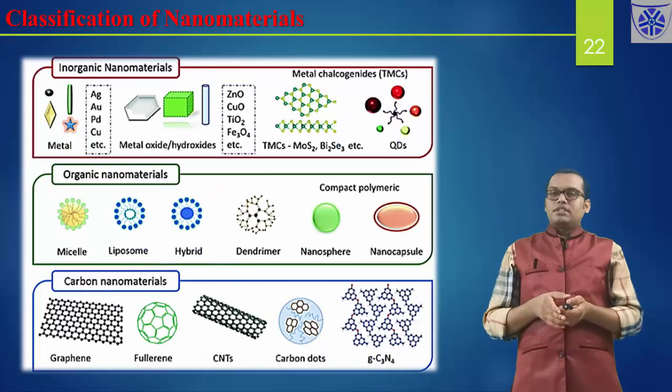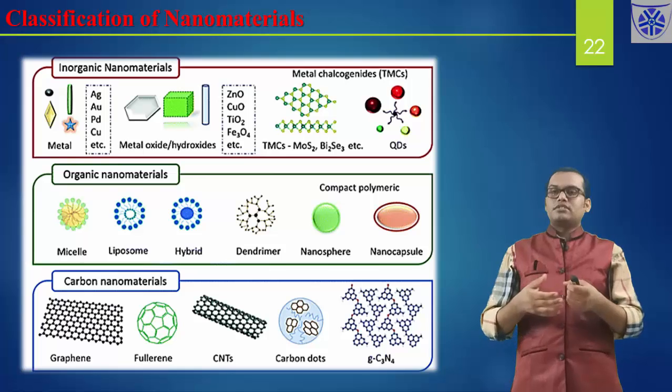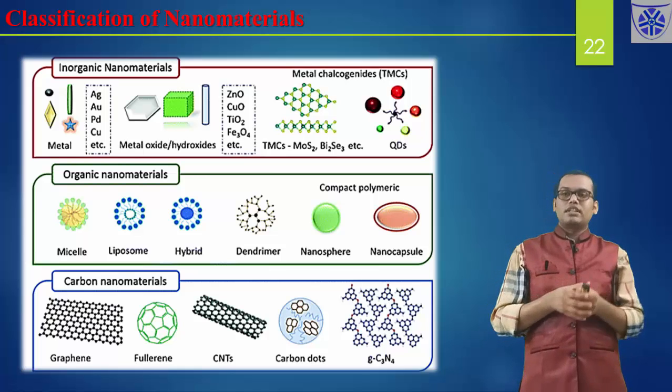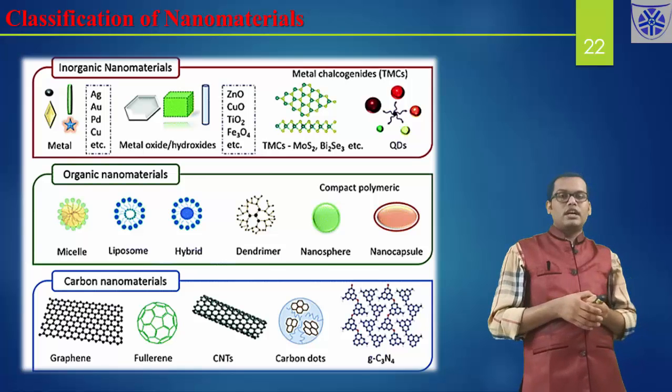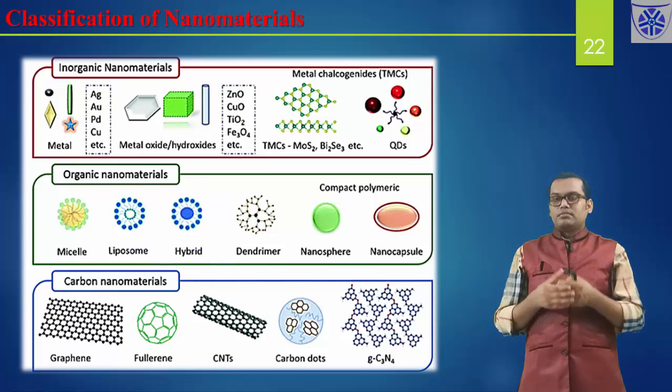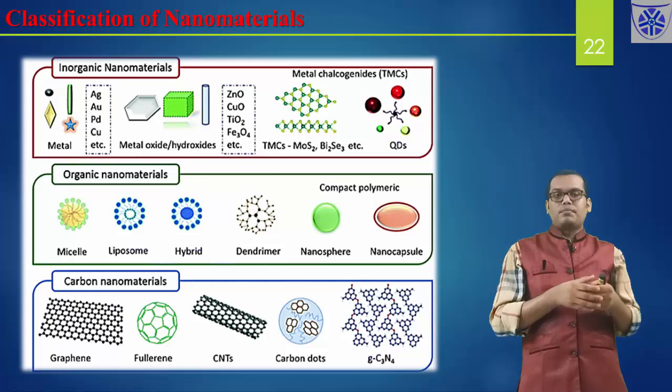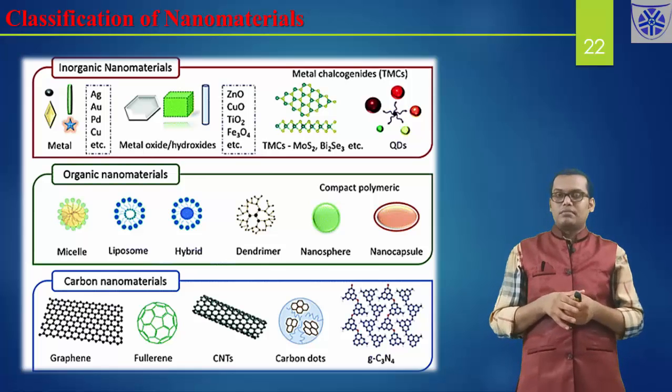Some examples of the classifications: inorganic molecule based nanomaterials, organic nanomaterials, and then carbon nanomaterials. In this topic we have the synthesis, properties and applications of the carbon based nanomaterials. You have graphene, fullerene, carbon nanotubes and carbon dots.